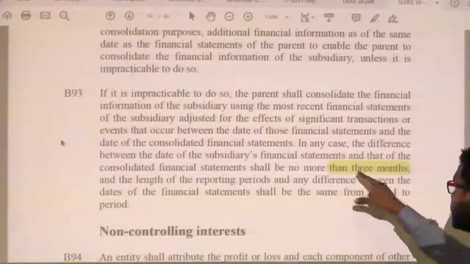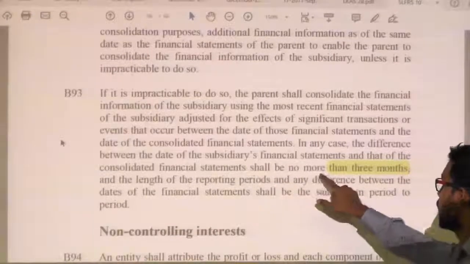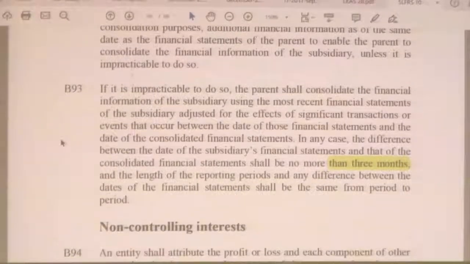But the gap shall be no more than 3 months. That also you have to understand, right? Fine. That is the reporting date. Reporting date was there in the summary diagram. You can insert paragraph B92 and B93. B93, right? So then you can go and discuss B97.